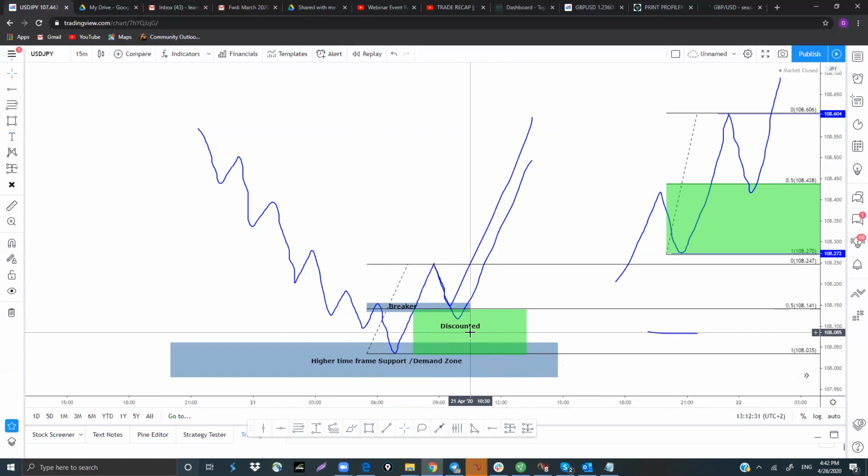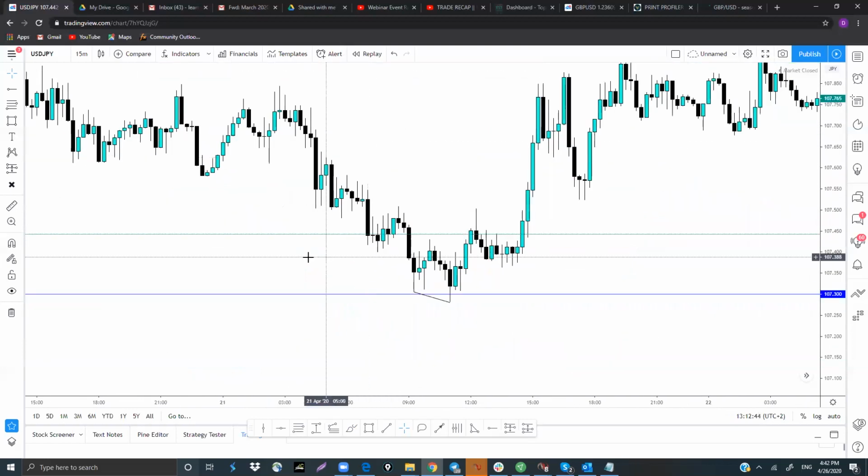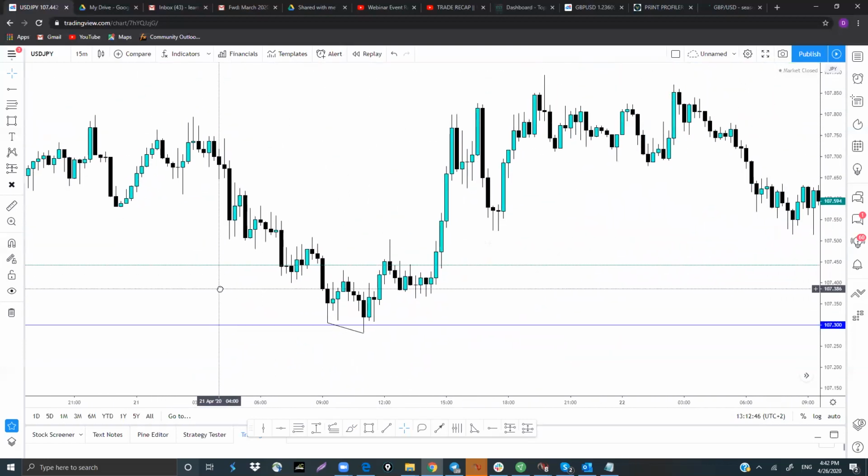So this is it actually. This is the theory I'm going to discuss in lower time frame. You can enter like that. Let's quickly see a few examples. Say this is USDJPY.